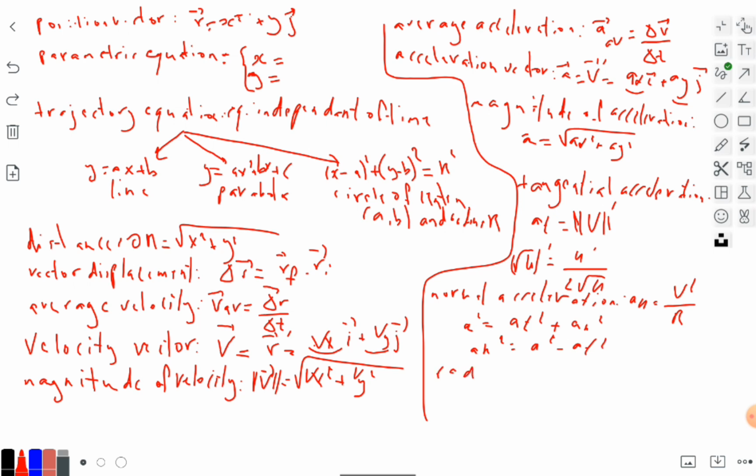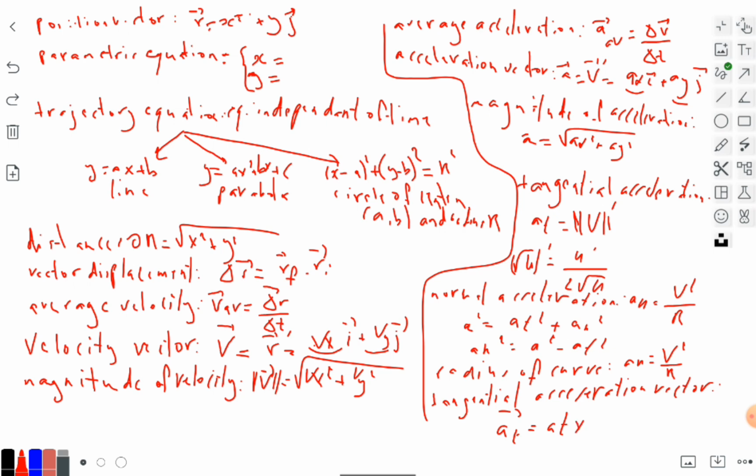Radius of curve, we can use an equal v square over r. Tangential acceleration vector, at vector, is equal to at times ut vector.